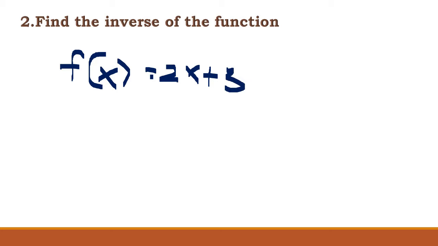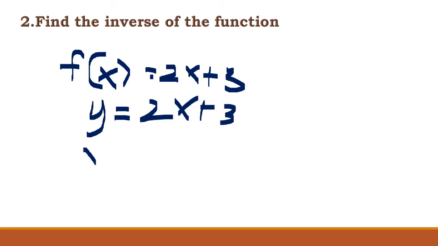From the previous lesson, we already discussed how to find the inverse of a one-to-one function. In this case, we change f of x to y so that the equation becomes y equals 2x plus 3. Then interchange x and y so that x is equal to 2y plus 3.